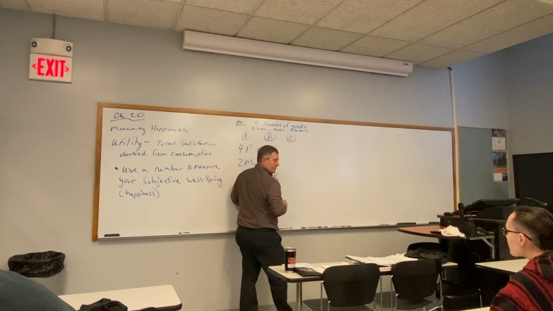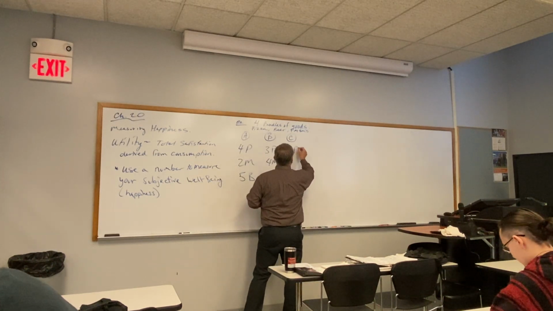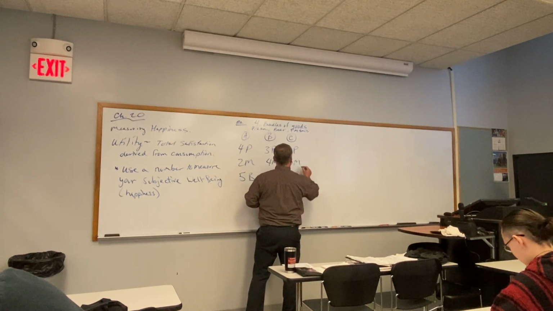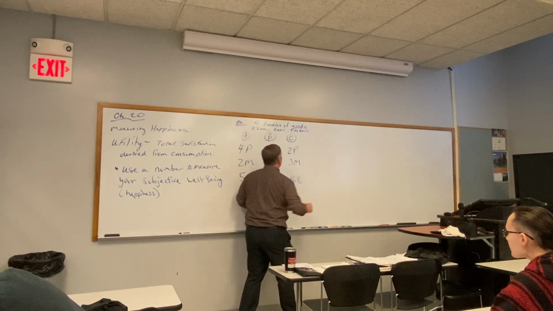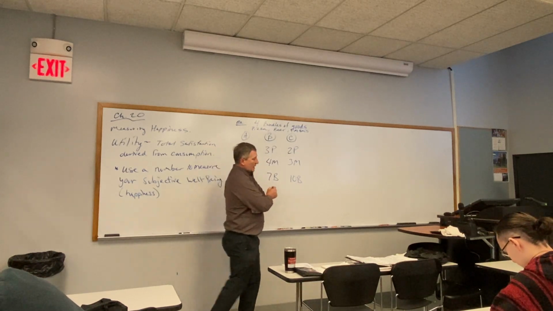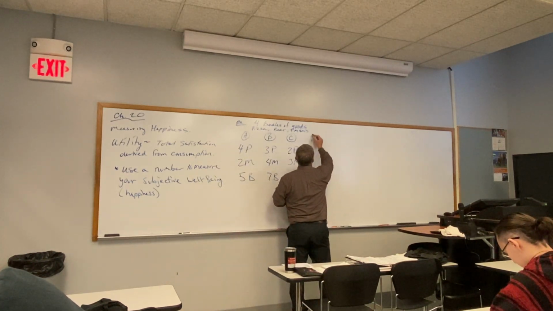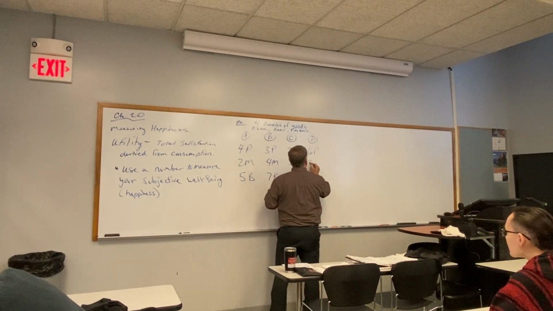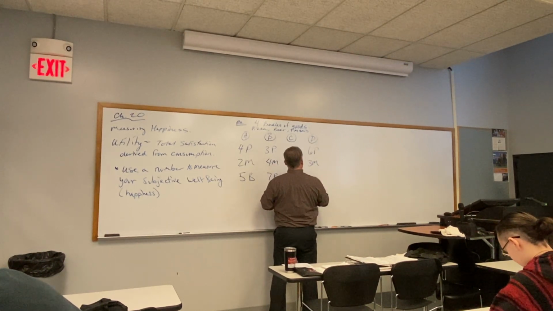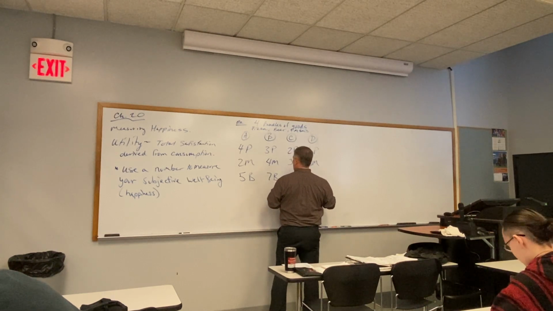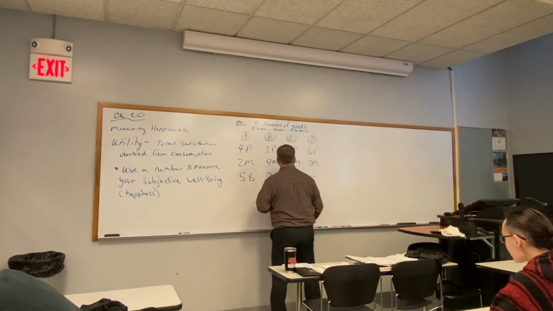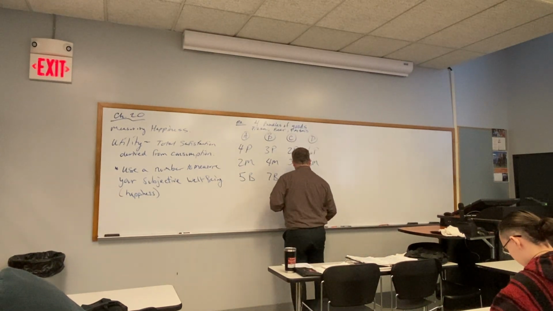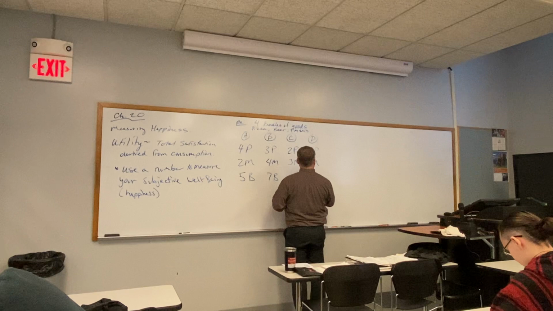Bundle C is going to have 2 pizzas, 3 M&Ms, and 10 beers. And bundle D is going to have 6 pizzas, 3 M&Ms, and 6 beers.